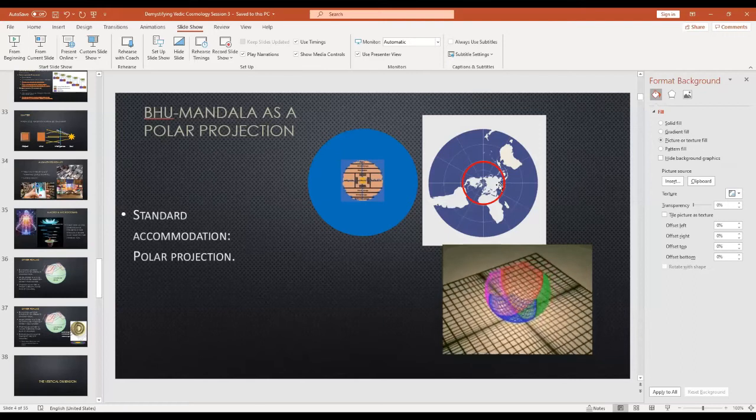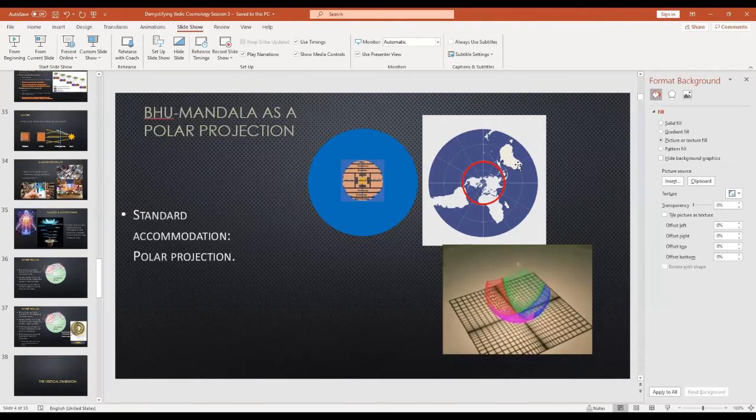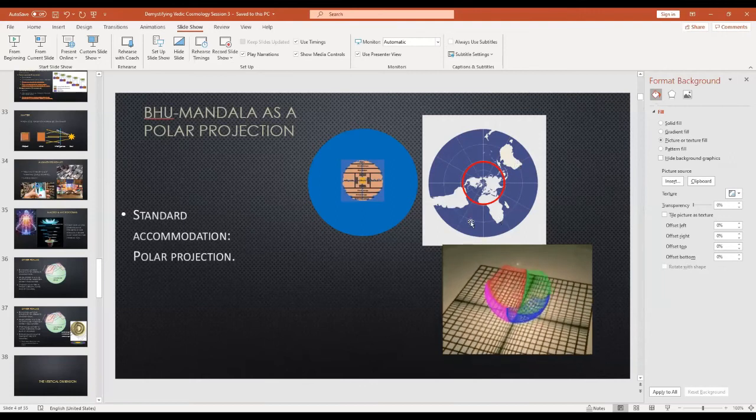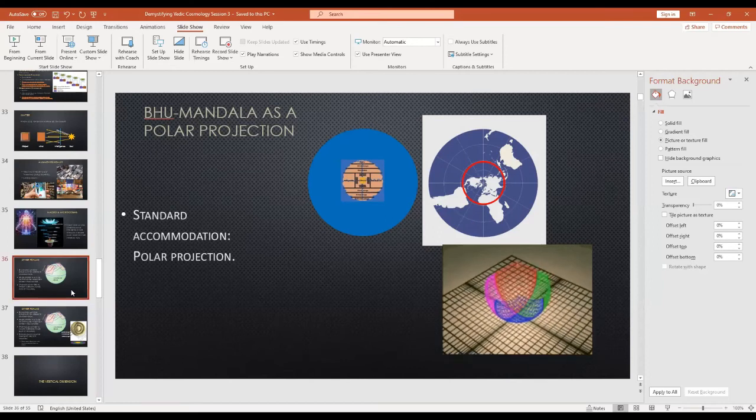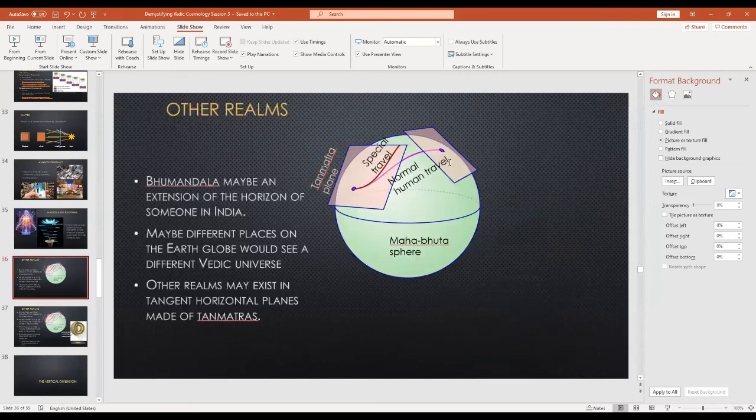But if you were in the southern hemisphere, maybe Shukadeva Goswami might have given a different model. That's what we mentioned when we said that somebody here may be looking at one tanmatric plane, and somebody down here may have a different tanmatric plane.